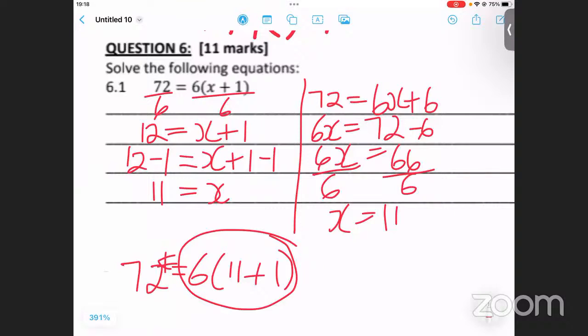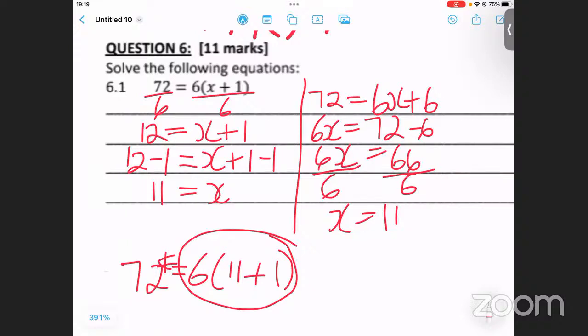You have to prove if your answer is correct for you to collect all the marks. If you say 6 into 11 plus 1 and it gives you something else, that means you probably did something wrong as you were solving for this variable, which is x.